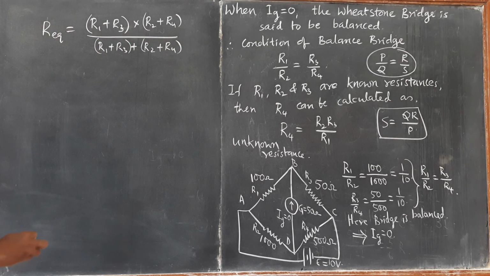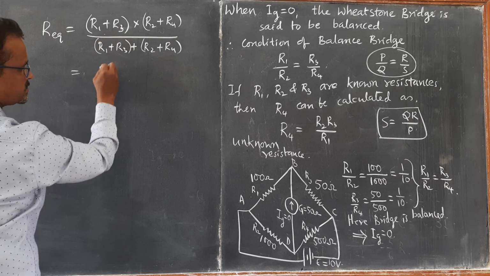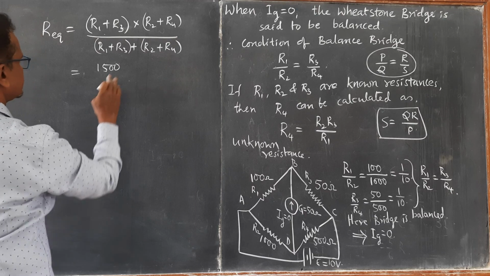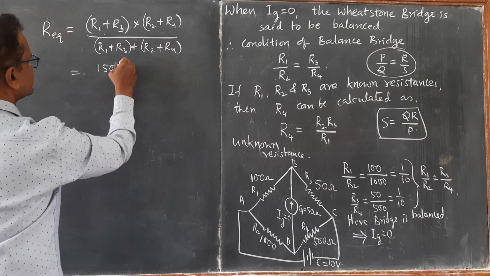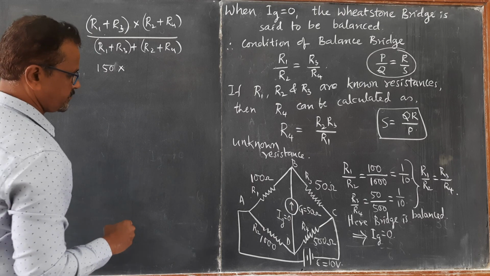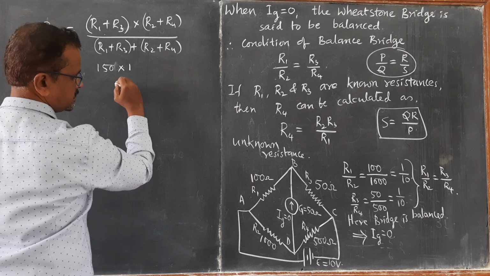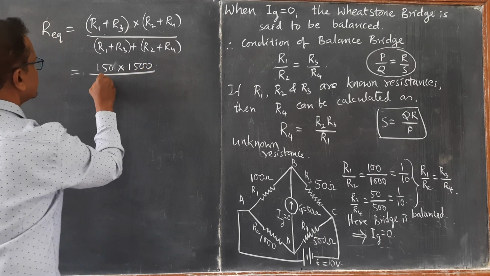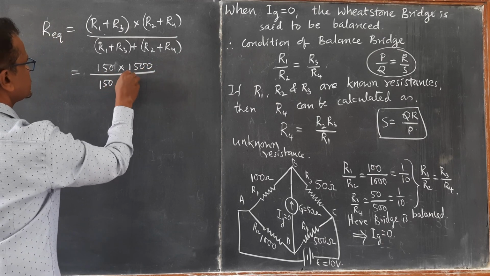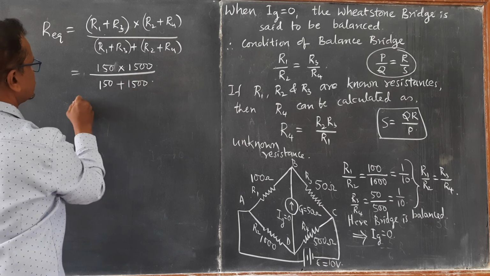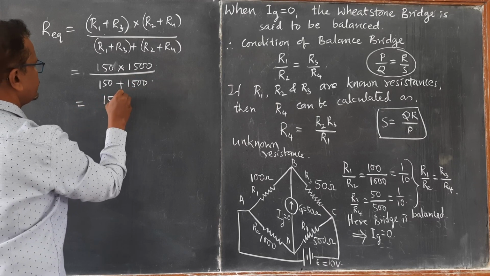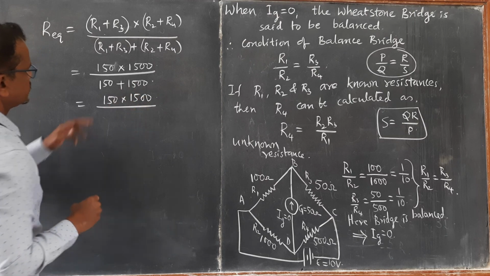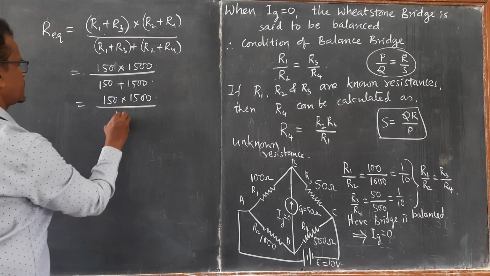Therefore, R1 plus R3 is how much? Sorry, 150. R1 plus R3 is 150 into R2 plus R4, 1500, divided by 150 plus 1500. So thus 150 into 1500 divided by, you can add here, 1650.